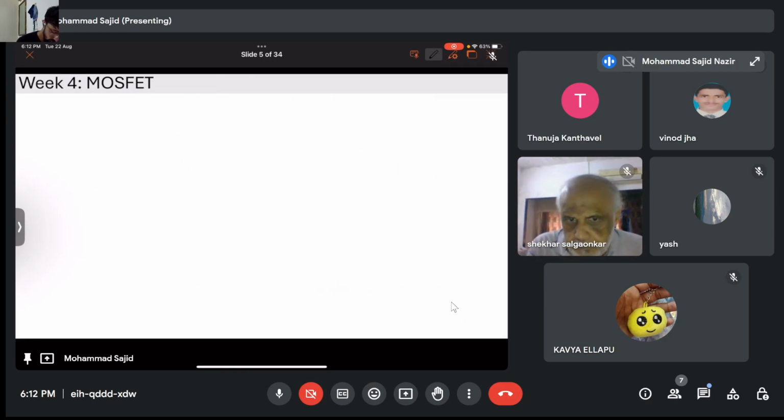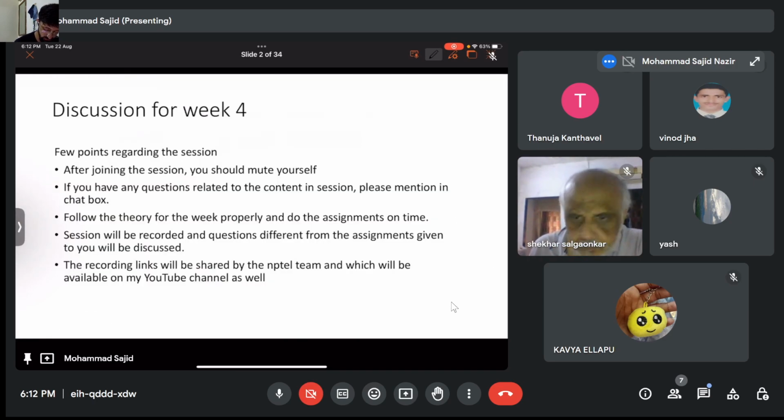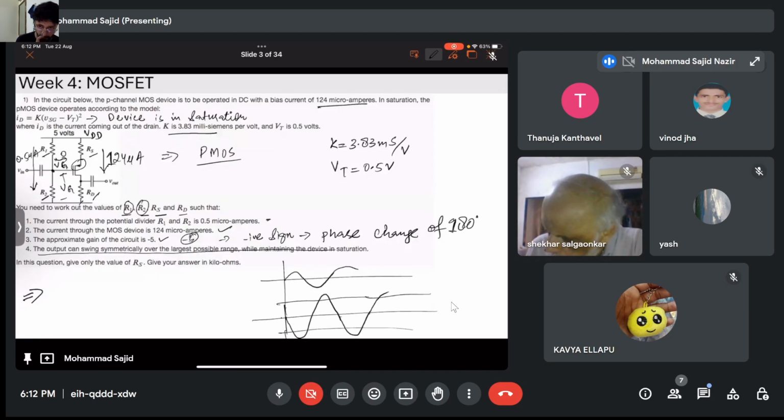Okay, then another piece of information given to us is gain. Do you know how to calculate gain in circuits? For example, if this is your circuit, how can we calculate the gain? When we say gain, it's a small signal gain, right? So what is the first step?